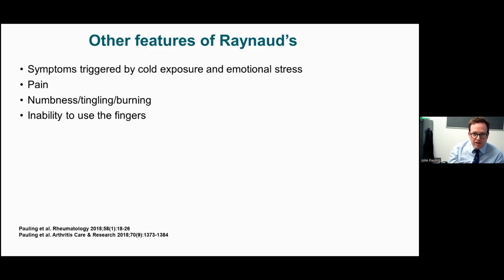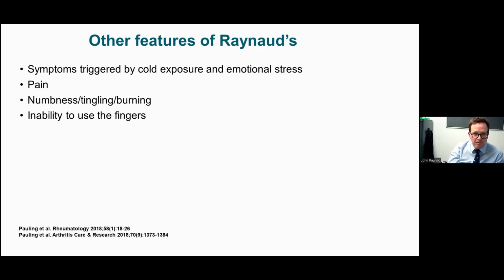Doctors are always interested in color changes, and we often diagnose Raynaud's based on a history of cold sensitivity and changes in colors of the fingers. But when you ask patients what the most important symptoms for them are, the top three are usually pain, numbness, tingling or burning in the fingers, these sensory symptoms which occur when the blood supply to the fingers is impaired, and then an inability to use the fingers.